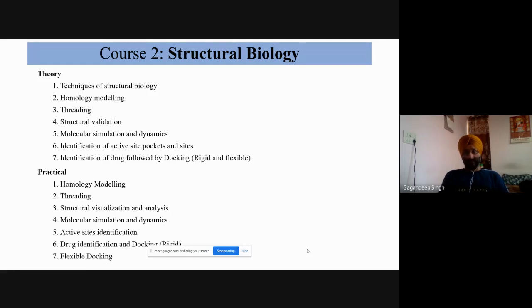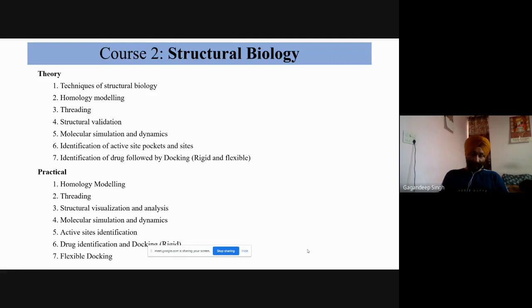Means in many areas, pharmacophore modeling is there. There is a scope in structural biology. There is a scope in the pharmaceutical industry as well, in structure-based drug designing. When we are modeling a new protein which is virulent, maybe we will be able to bind that protein in a precise form.